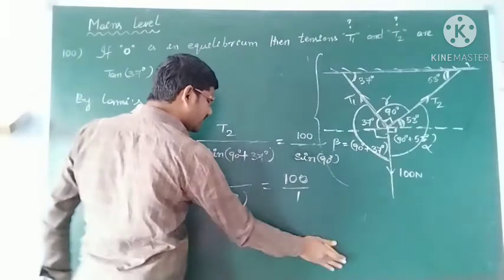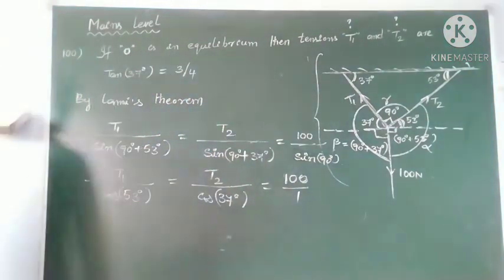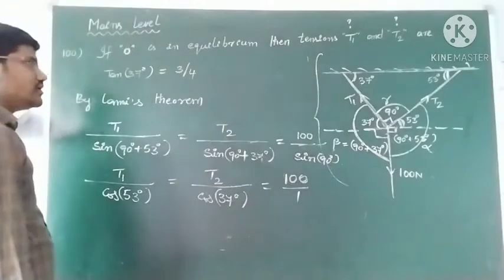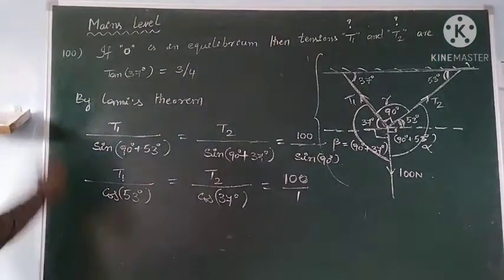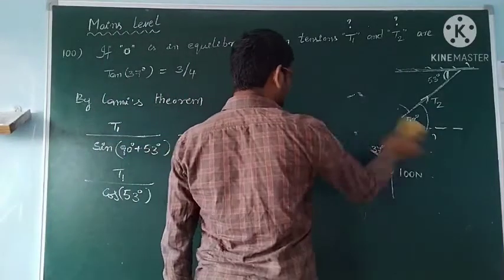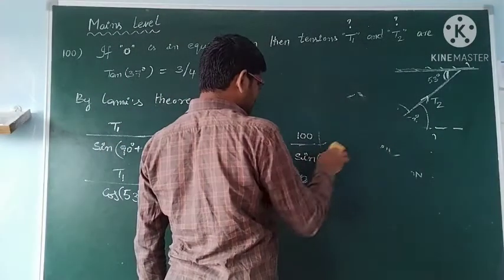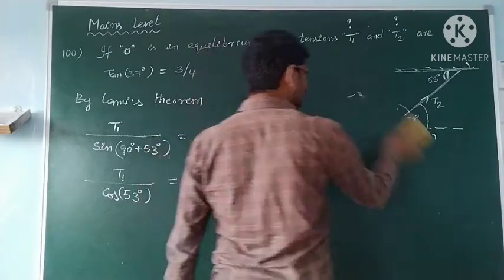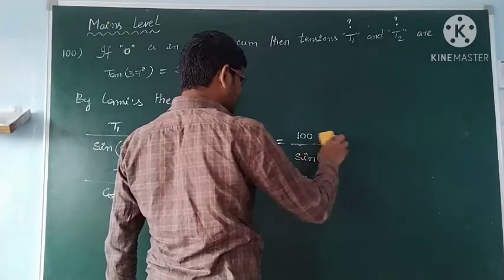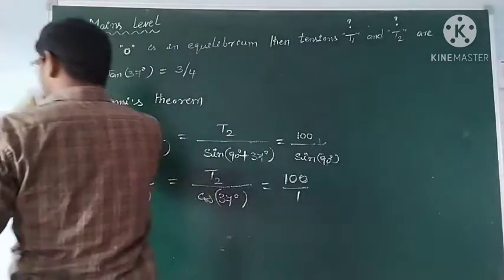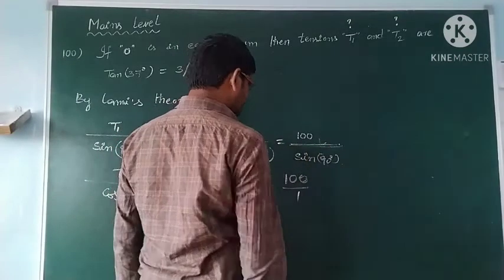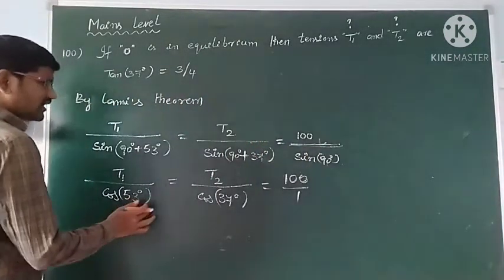Sin 90 degrees value is 1. Then we have to find T1 and T2 now, so equate these.